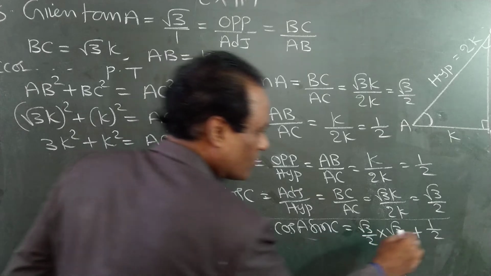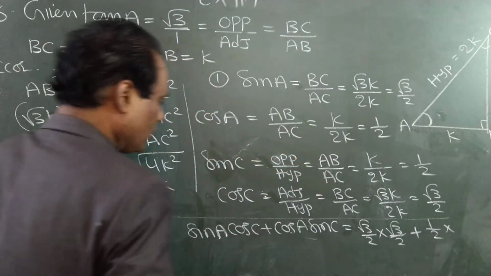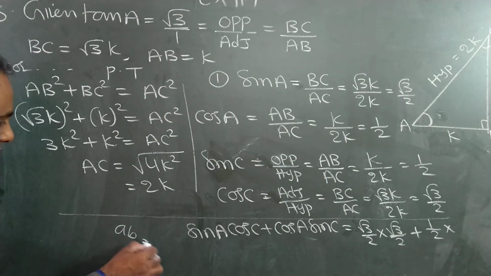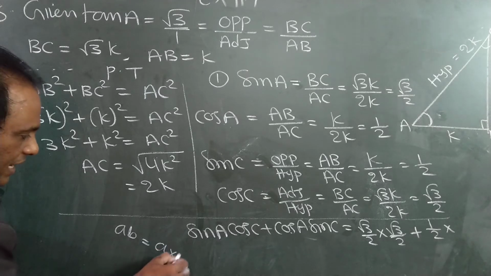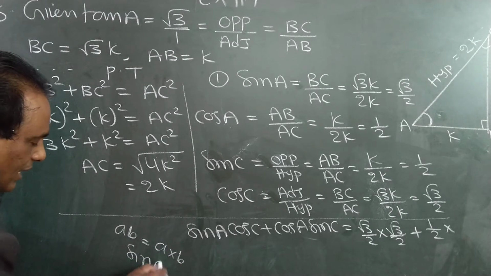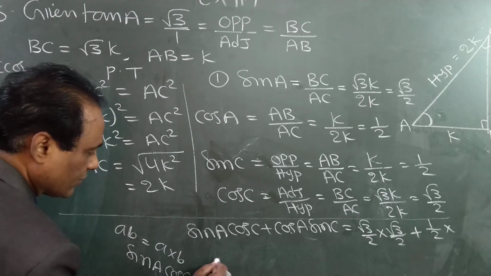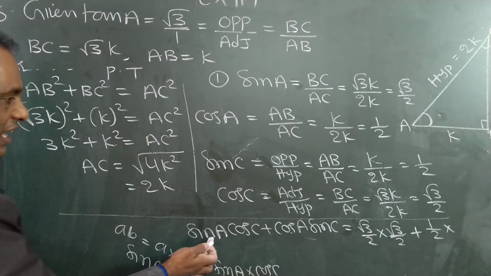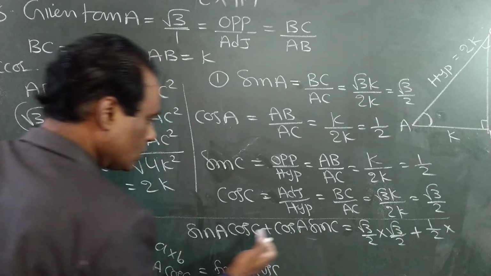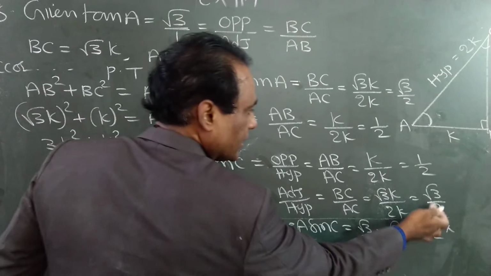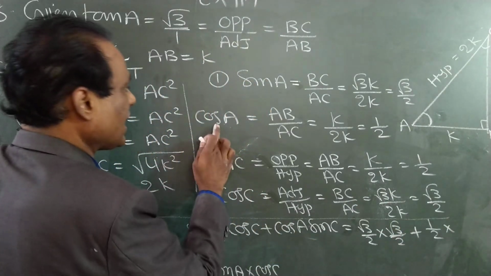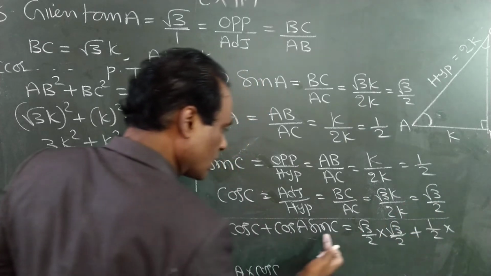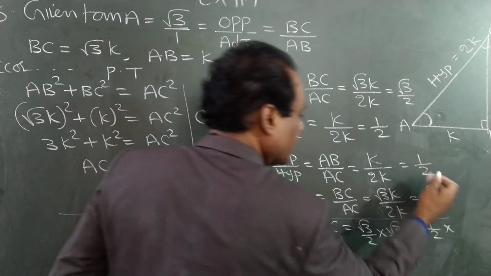If there is nothing, we have to take it as multiplication. Wherever you have AB, it means A into B. Sin A cos C means sin A into cos C. So sin A is root 3 by 2 into cos C is root 3 by 2, plus cos A is 1 by 2 into sin C is 1 by 2.